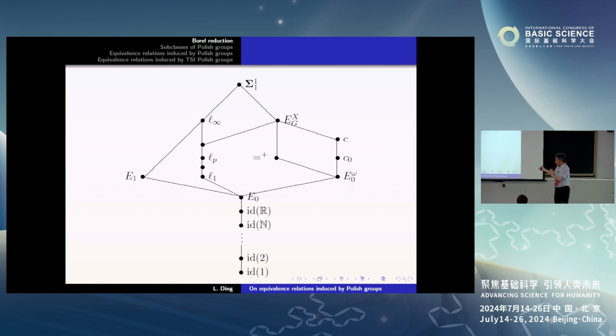After recalling these facts, a question arises naturally. Can we say something about the Polish group G? Can we characterize the Polish group G by the Borel reducibility between orbit equivalence relations EGX?